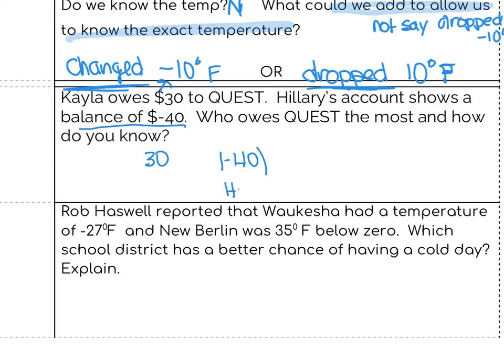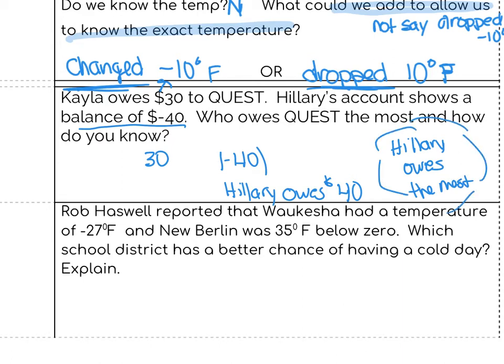Hillary owes $40. So Hillary owes the most. This, I feel, is such common sense that I don't want you to overthink it. Hillary owes the most. But when it says how do you know, you can use that absolute value to justify.